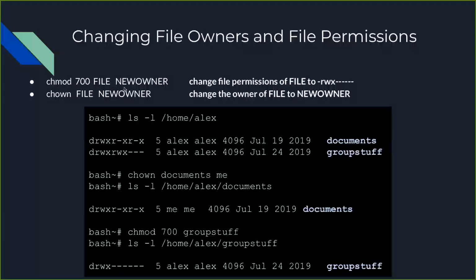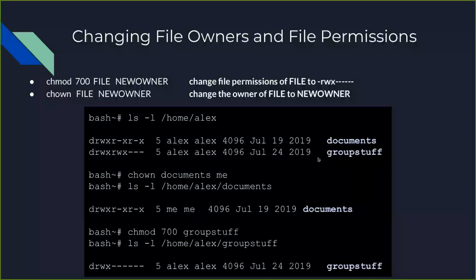For example, if I had a folder called group stuff, and that group stuff was set such that everything within it, both me, the owner, and my group could read, write, and execute those files.